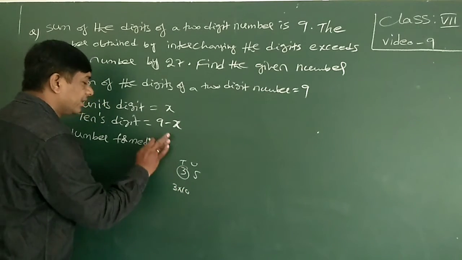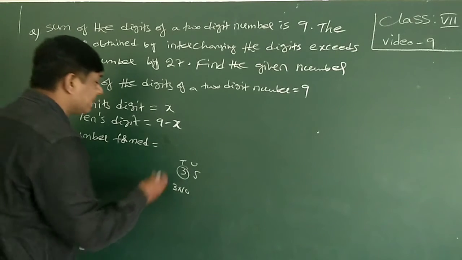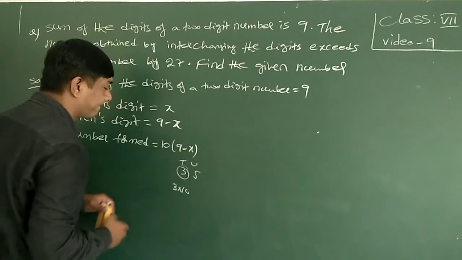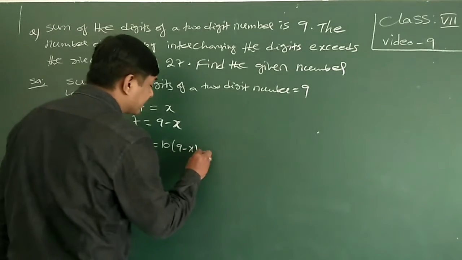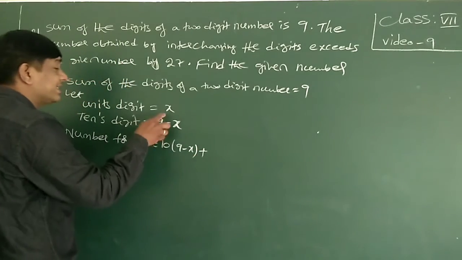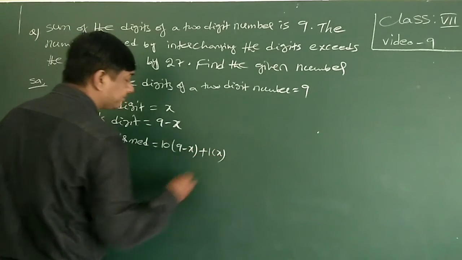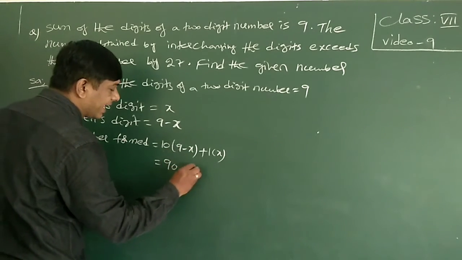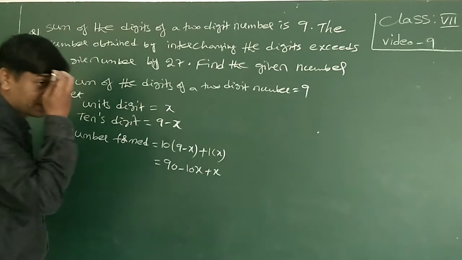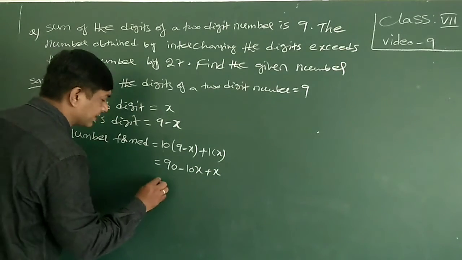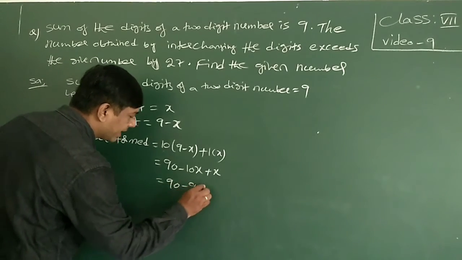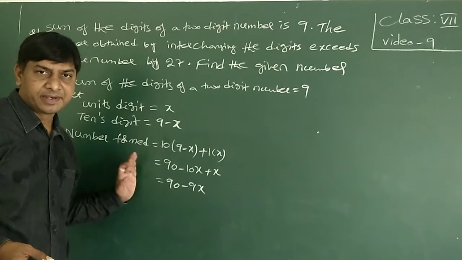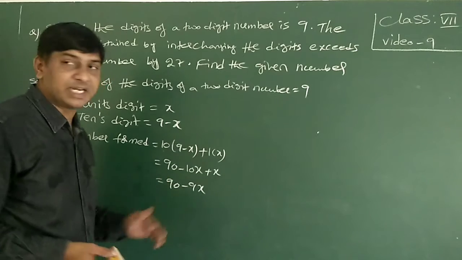In the same way, the number is tens digit multiplied by 10, that is 10 into 9 minus x, plus ones digit multiplied by 1. That is 90 minus 10x plus x, which is 90 minus 9x. This is the original number.